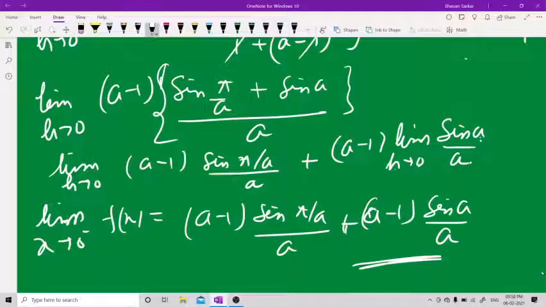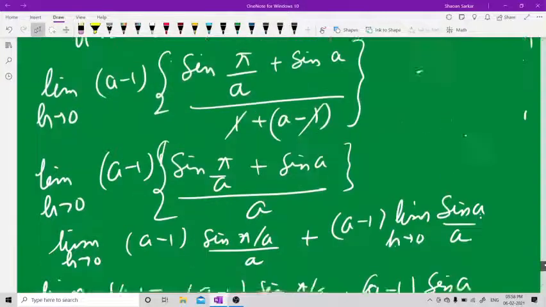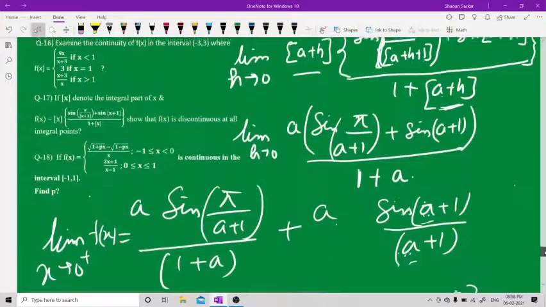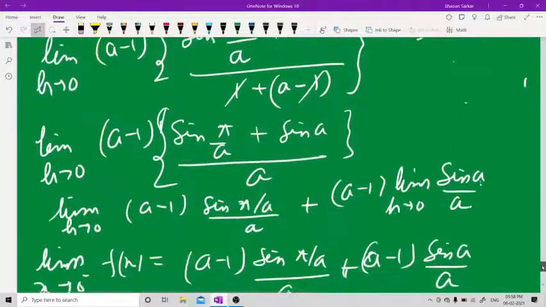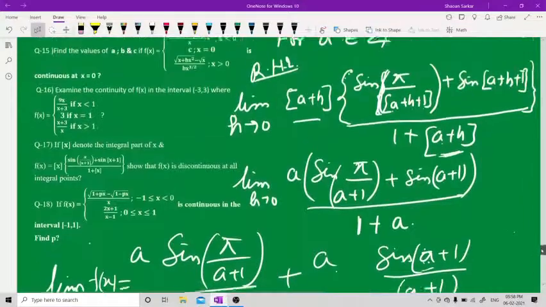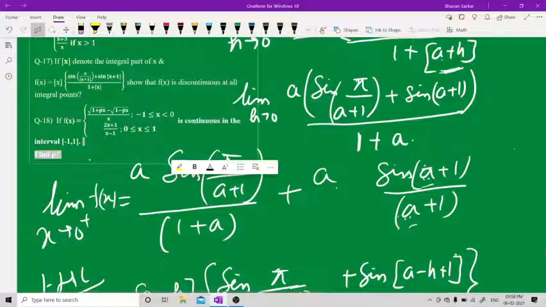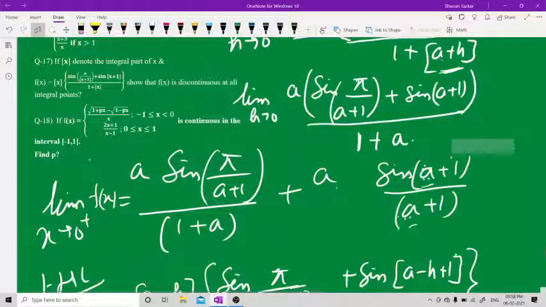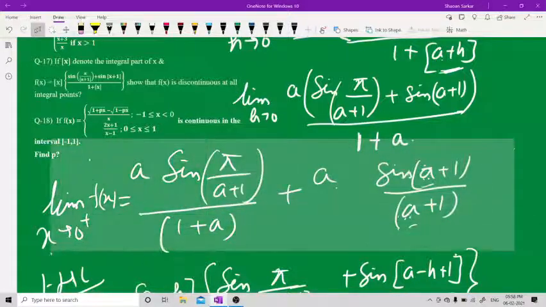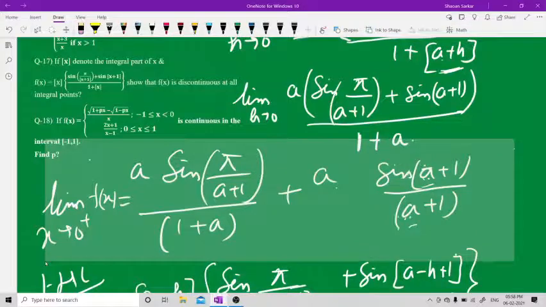See this equation, and see this equation. What is the right hand limit? This is 0 minus, no? And your 0 plus is here. This whole is your 0 plus. This is your right hand limit.